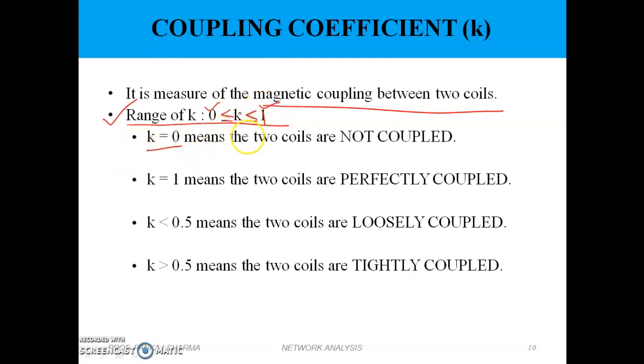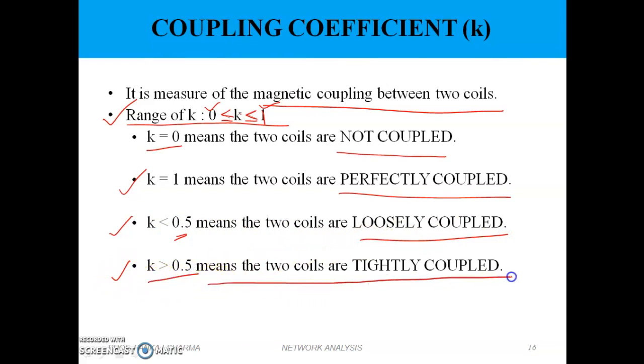If K is equal to 0, the coils are not coupled. If K is equal to 1, the coils are perfectly coupled. If K is less than 0.5, the coils are loosely coupled. If K is greater than 0.5, the coils are tightly coupled.